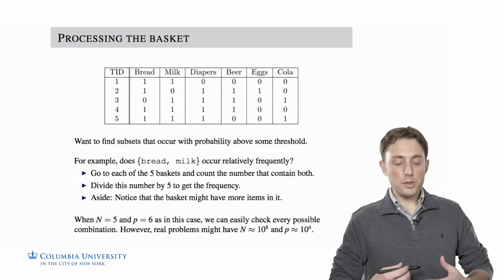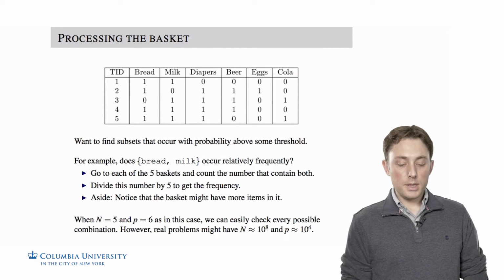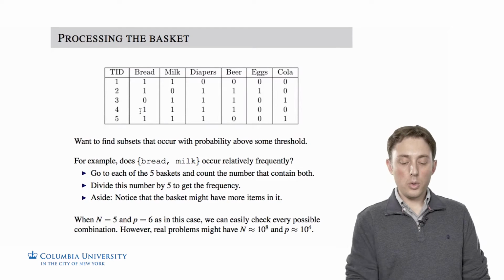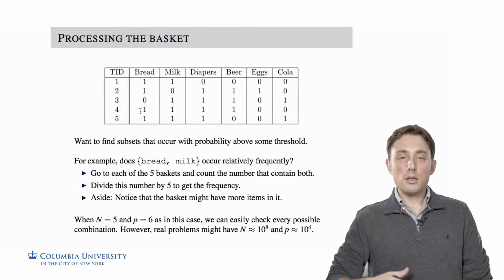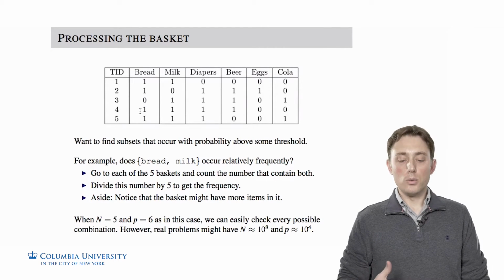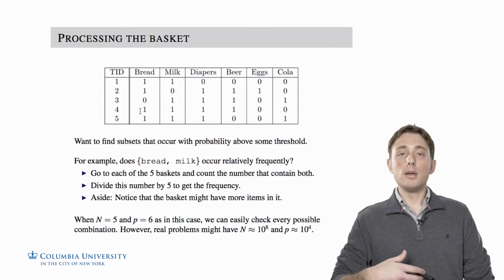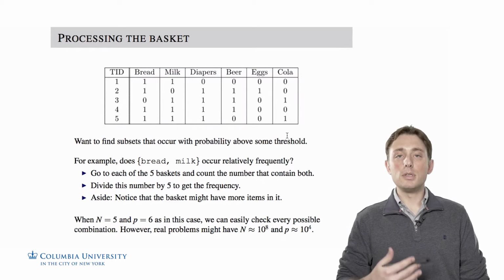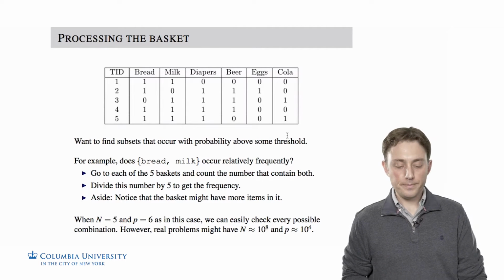So our goal now is to find the subsets of these 6 items in this toy example that tend to co-occur together with high probability, meaning in this case the high probability is simply saying a probability above some threshold that we're going to set.